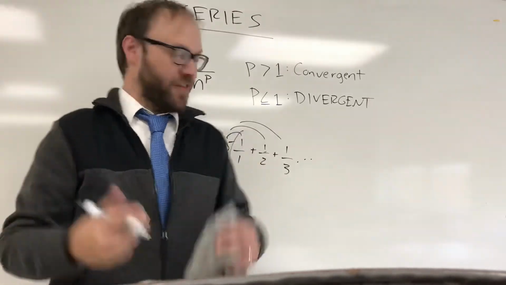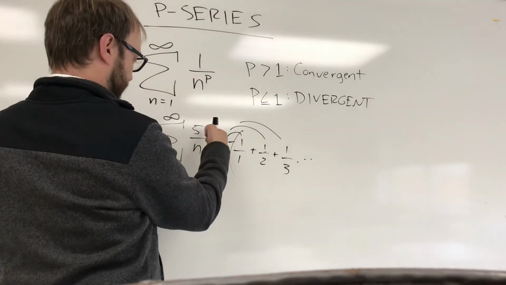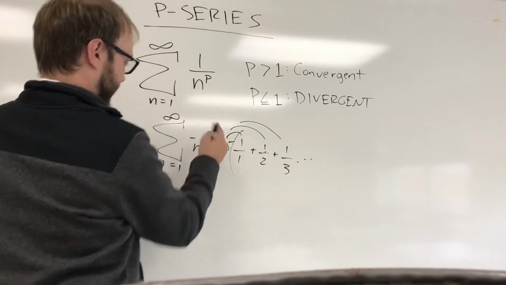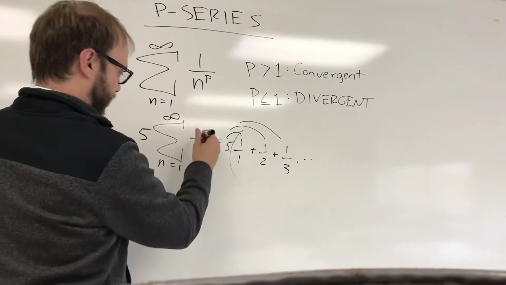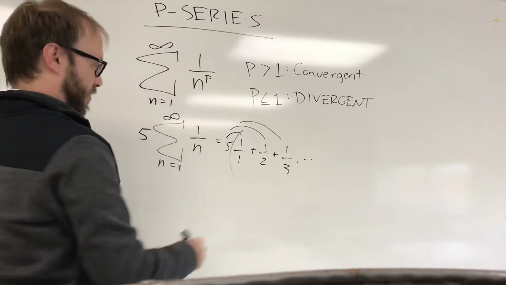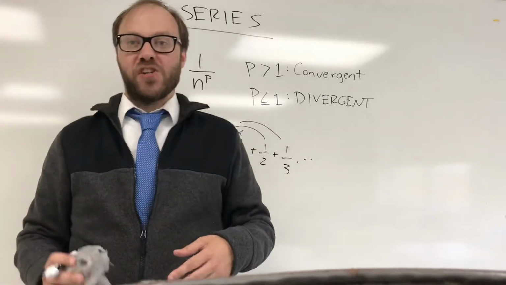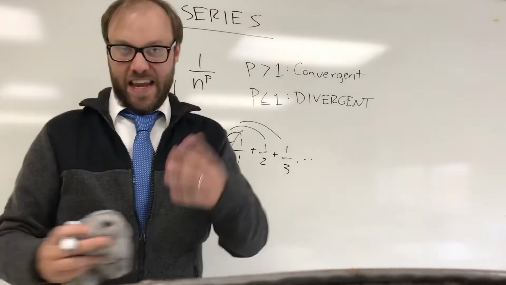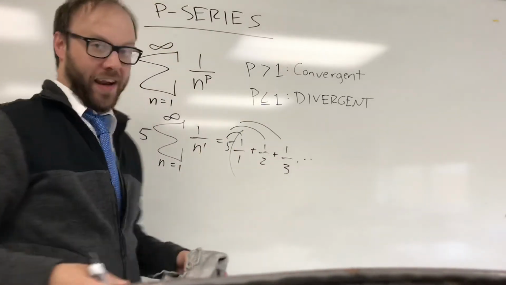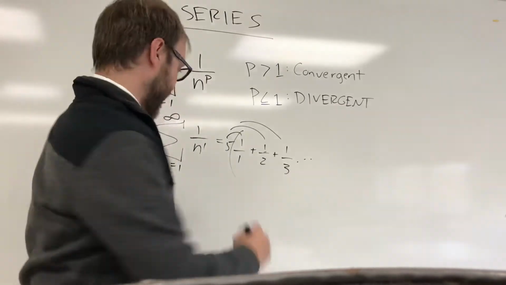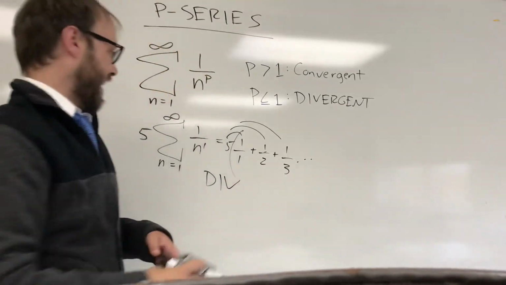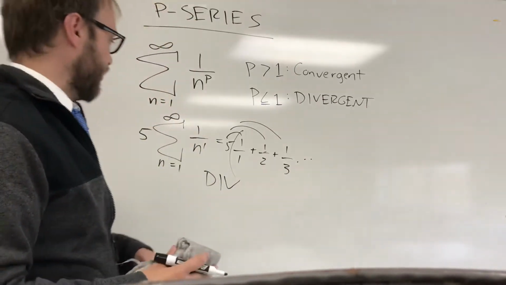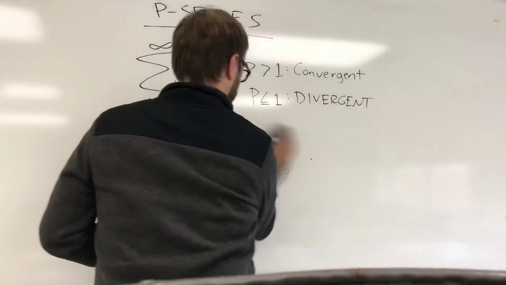So you can always factor out a constant. The sum from 1 to infinity of 5 over n is the same as 5 times the sum of 1 over n, okay? Same thing. So any multiple of that p-series with a p-value of 1 would be a divergent series, okay? If 1 over n is divergent, 5 times 1 over n would also be divergent, okay?